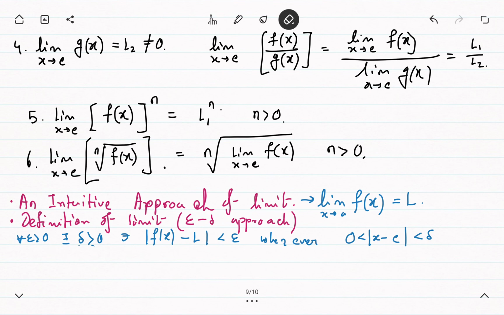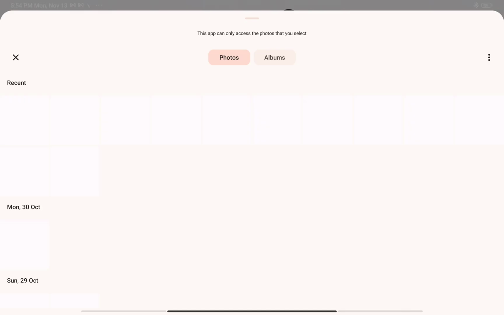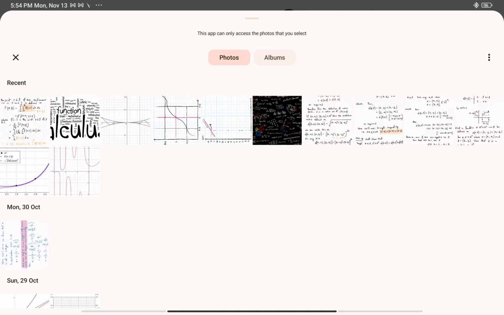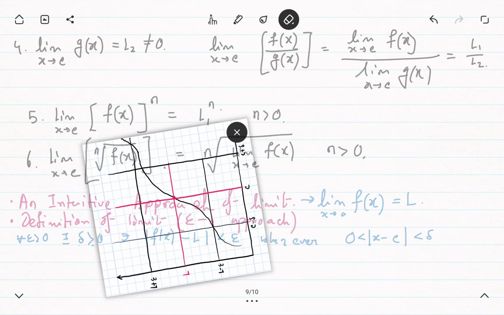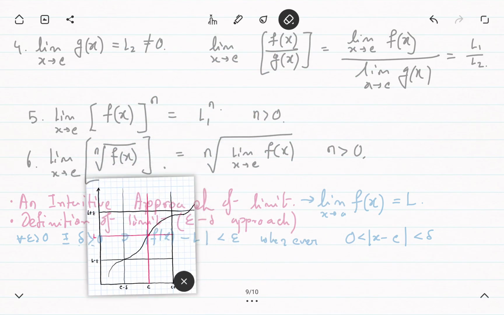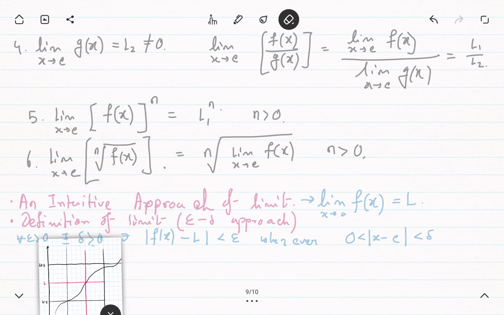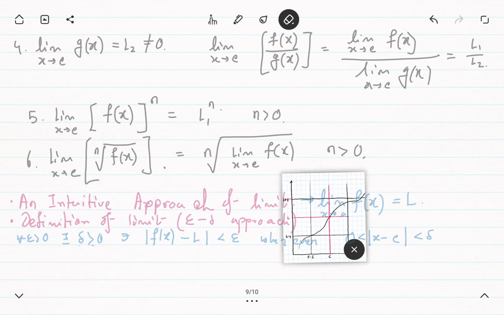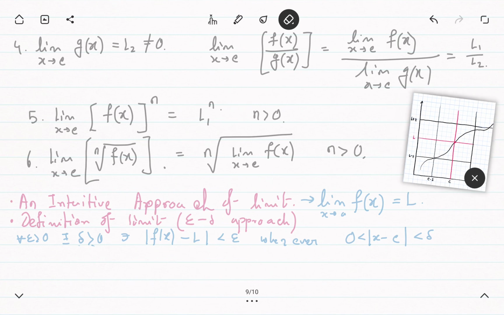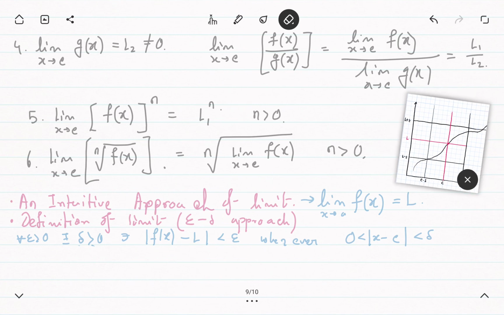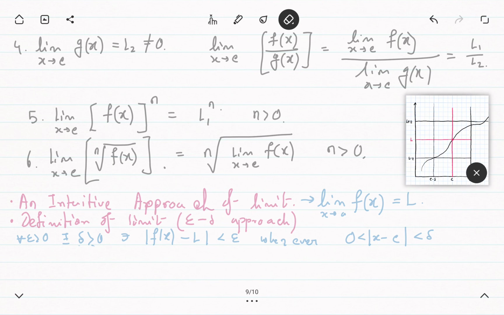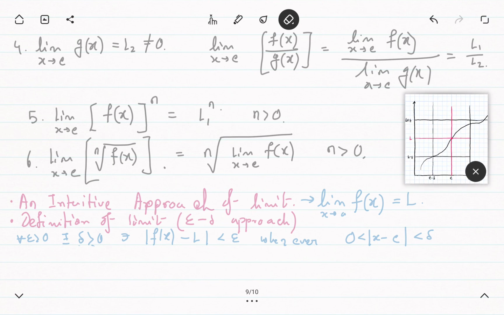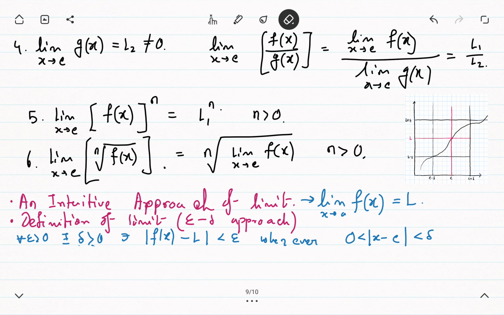Let me insert this graph here again. So yeah, this was the graph. You have seen this graph.